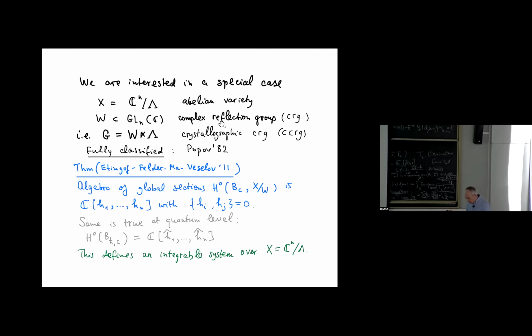Because in fact, all the deformations I talked about in the previous slide only appear when you have pseudo-reflections in your group. So it's natural to just restrict to this case.